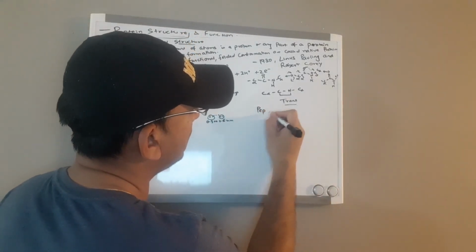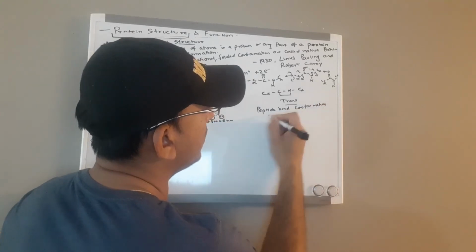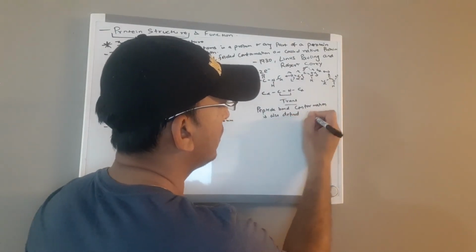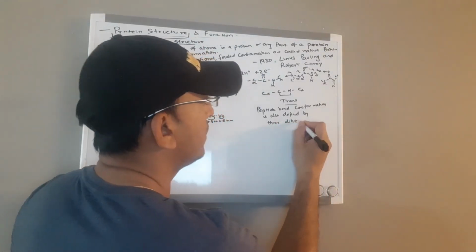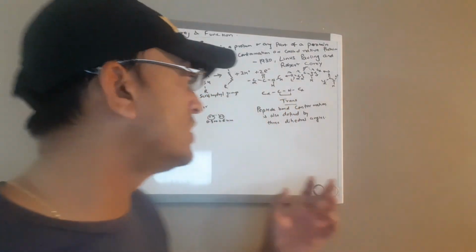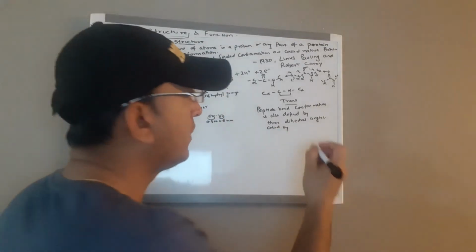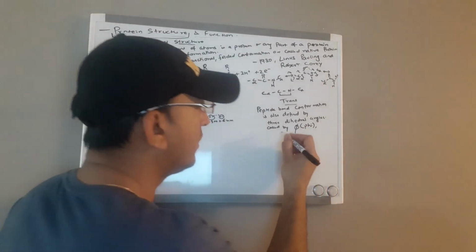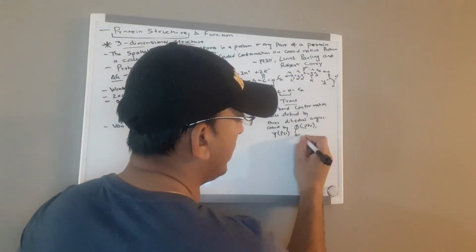These dihedral angles, also known as torsion angles, are called by this symbol, that is phi, then this symbol, that is psi, and omega.